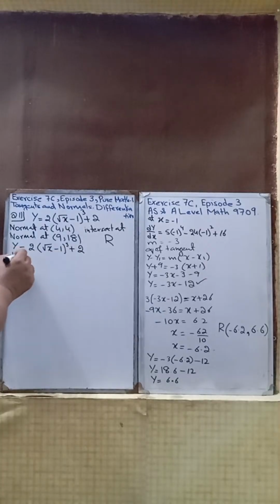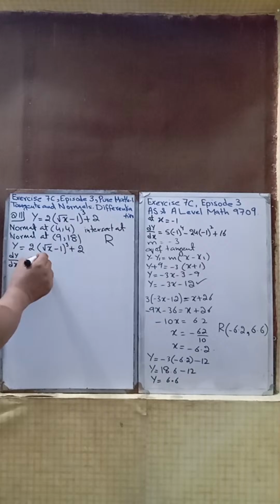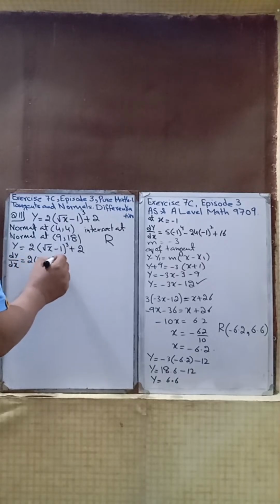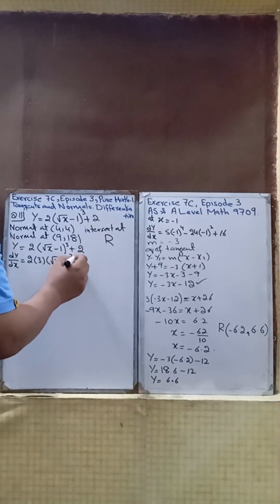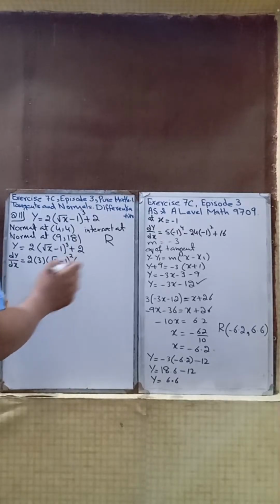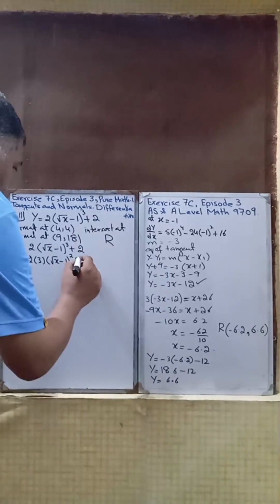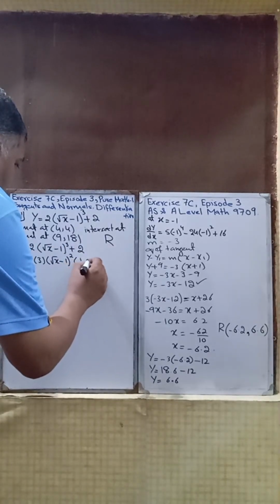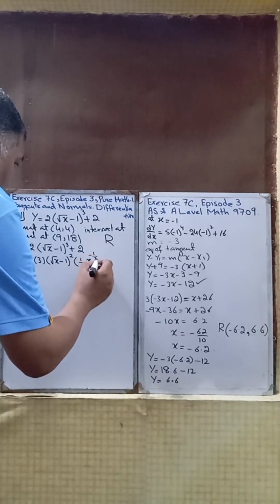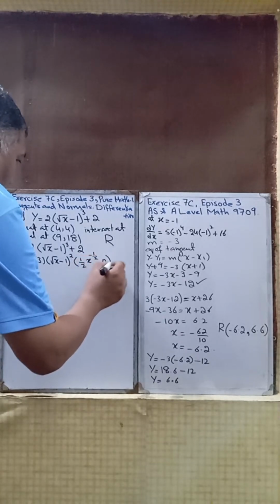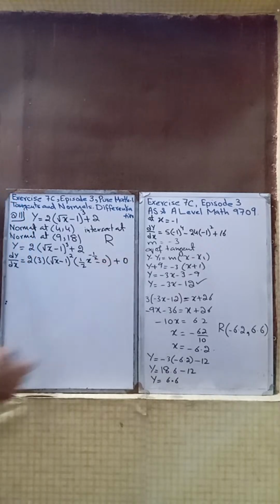So dy by dx will be equal to 2, the 3 comes to the front, the power decreases by 1, and then I take the derivative of the base. The base is under root x minus 1; the derivative of under root x is 1 by 2 x to the power minus 1 by 2, minus 0, and plus 2's derivative is 0.